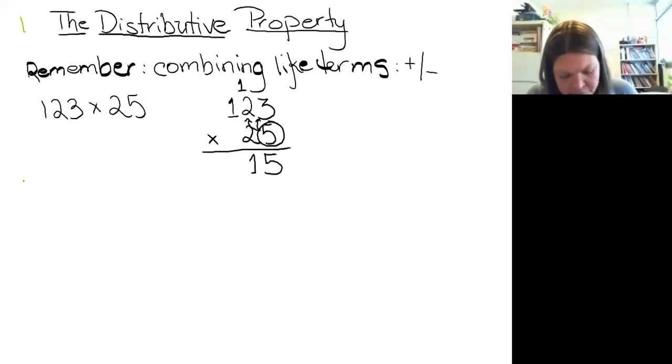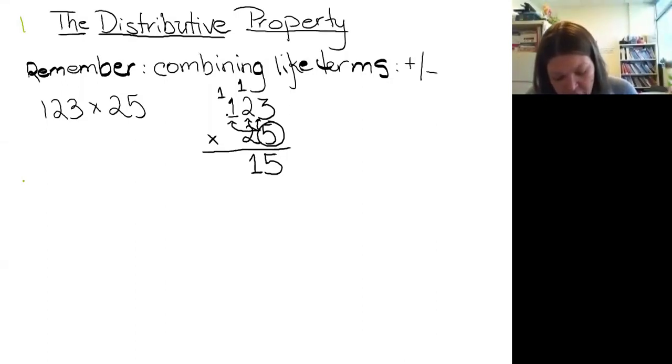That's now 11. Now, think about what we were really doing there. We weren't really multiplying 5 times 2. Yeah, we say to ourselves 5 times 2, but what were we doing? We were multiplying 5 times 20, because that 2 is in the tens place. That's really 123. And now we're going to multiply 5 times 1, or 5 times 100, because that 1 is in the hundreds place. And of course, 5 times 1 is 5, or 5 times 100 is 5 hundreds.